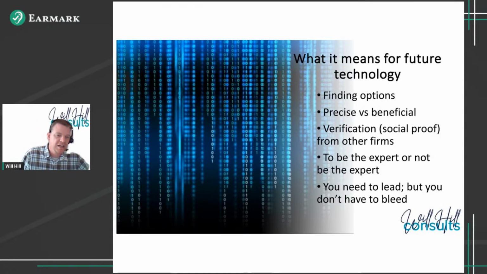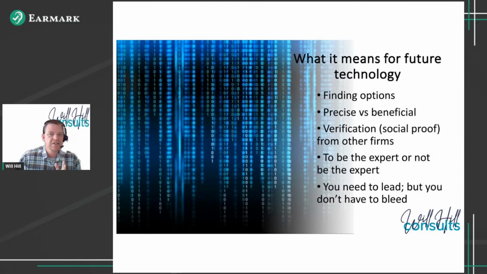And then after I sign it and we start to implement, I'm calling these firms only to find out that the firms that bought it were solving very different problems. Just because a software company has a great referral doesn't mean that person was solving the same problem as you. So we need to make sure we get that good verification. But again, we're tied back to the precision and we're tied back to what is that problem that we're trying to solve. Okay.